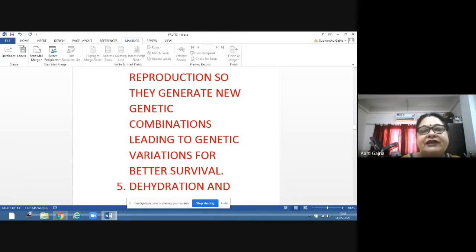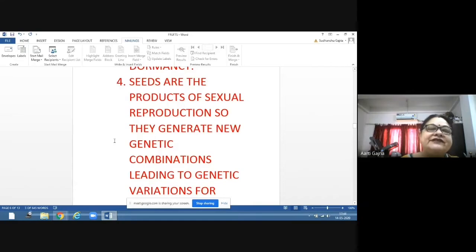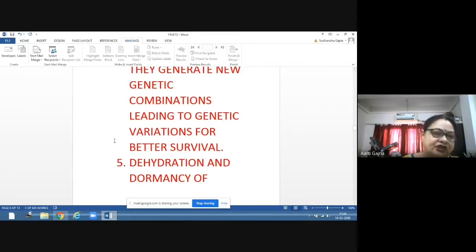This leads to genetic variation, and this genetic variation is for the better survival of the plant. So seeds are advantageous in this way also, because they are the products of sexual reproduction and they help in genetic variation.